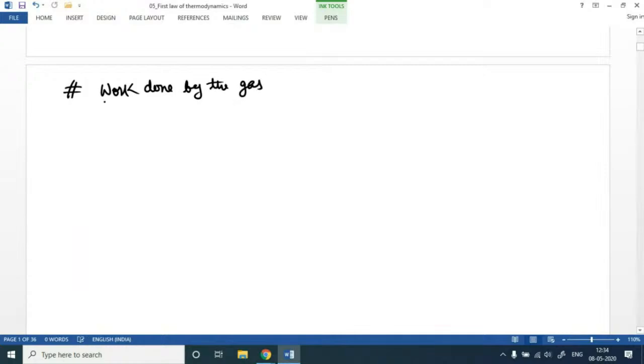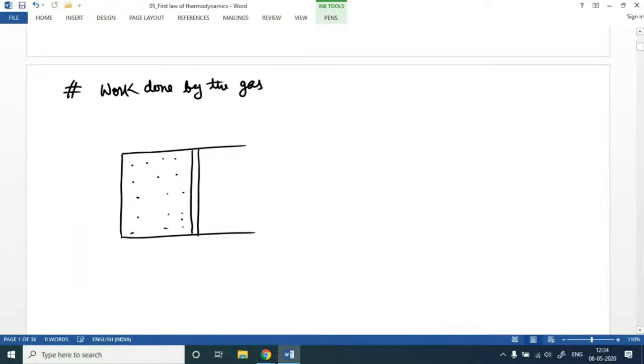Let's try to model a simple picture. Say we have a cylindrical container which has a movable frictionless piston, and some gas is enclosed in this cylinder. Let's say the cylinder's cross-sectional area A is uniform, and this is the piston.